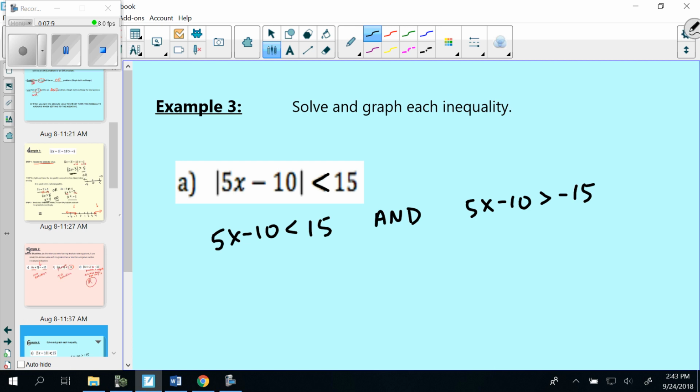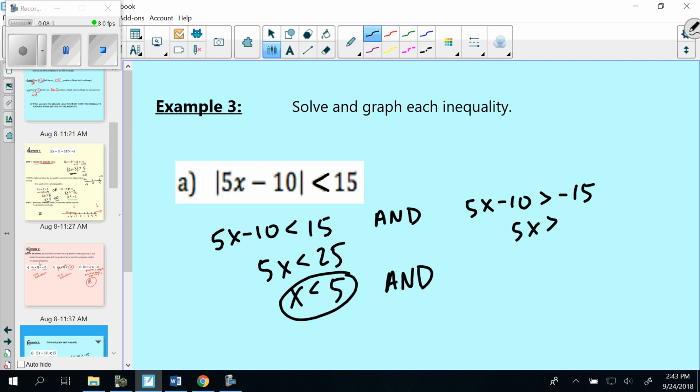So now go through and solve. Add 10 and divide by 5. And we get that x can be less than 5. And it also has to be true with what's over here. So if we add 10 here, we get negative 5 divided by 5, and it also has to be greater than negative 1. So these ones now both have to be true.